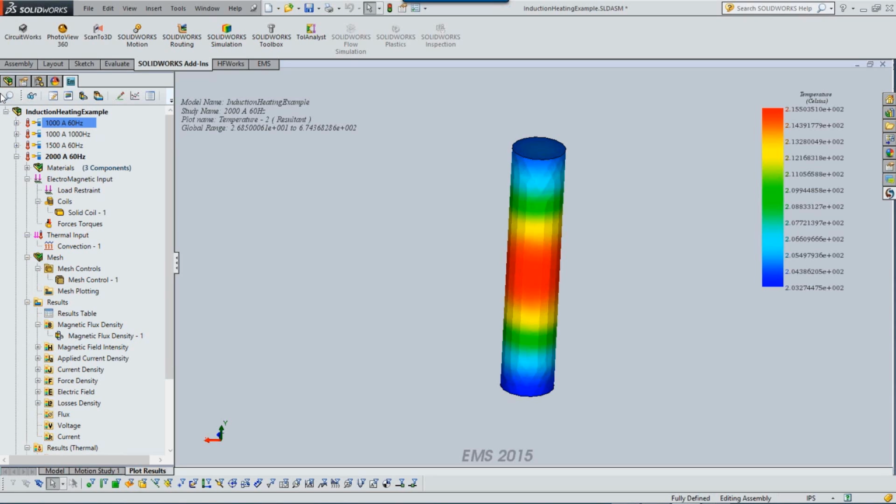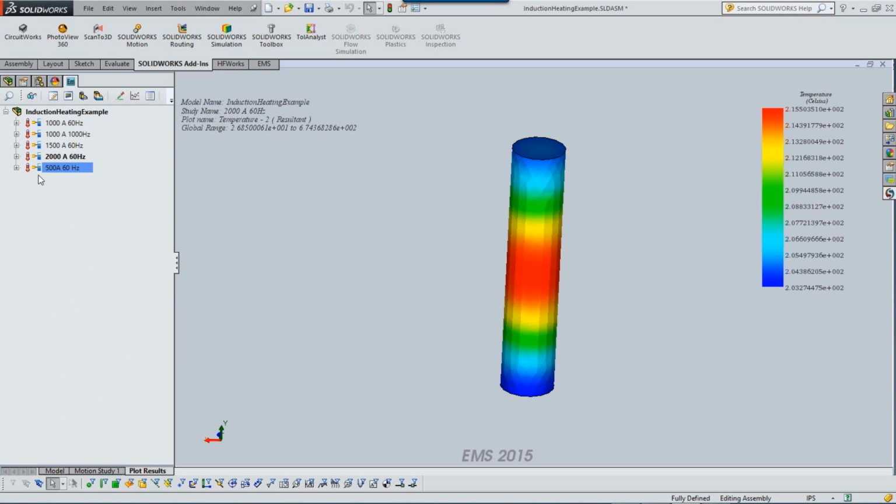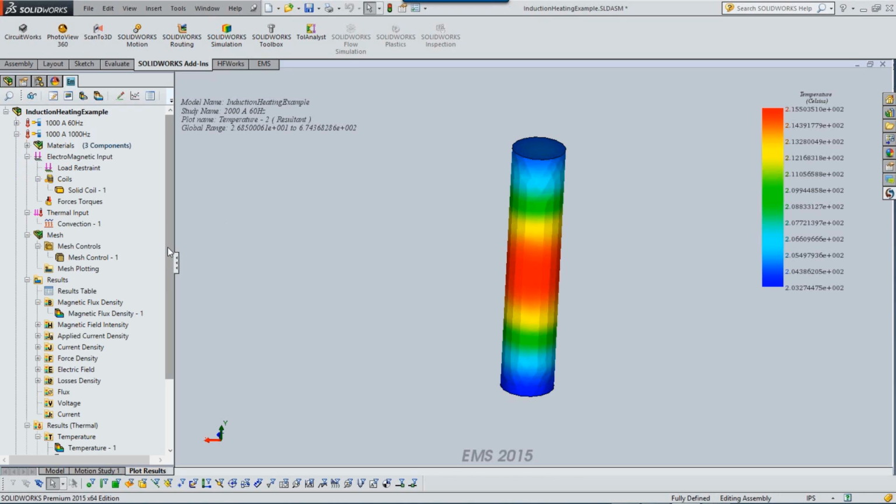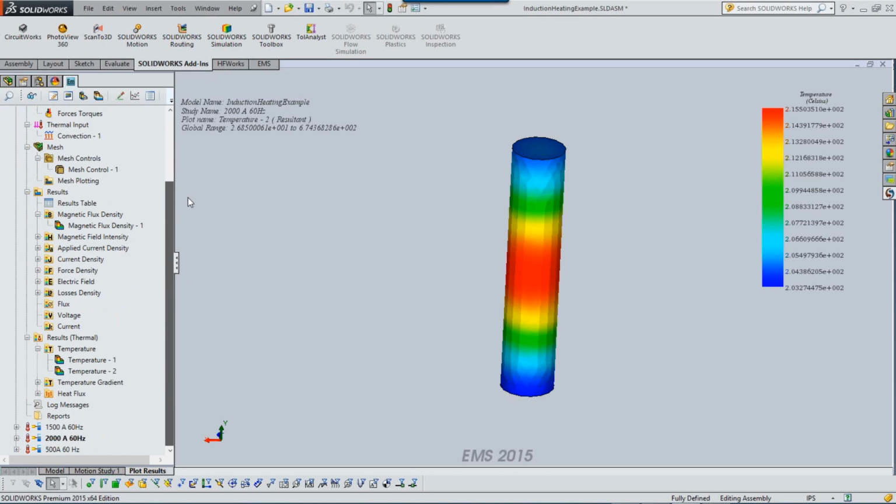Obviously, a lot of effects can be studied. So what happens if I change my frequency of excitation from 60 hertz to say 1000 hertz? That is also certainly possible. We did that simulation here as well.